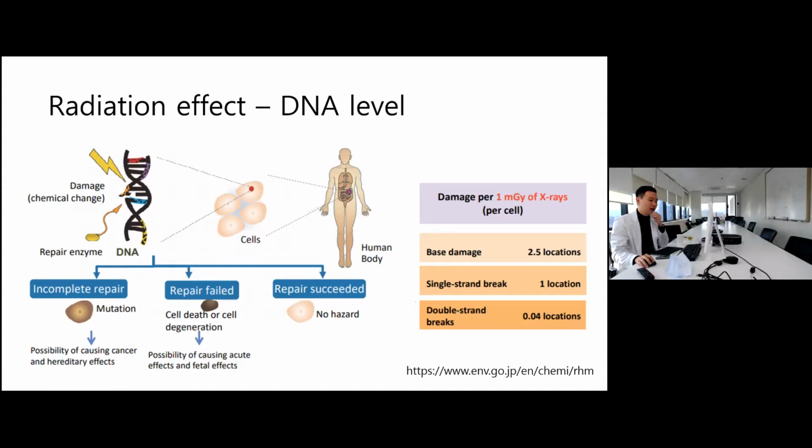And the double strand break occurs less frequently, at 0.04 location per cell, which means that if 100 cells are irradiated with 1 milligray of X-ray, a double strand break occurs in 4 cells.